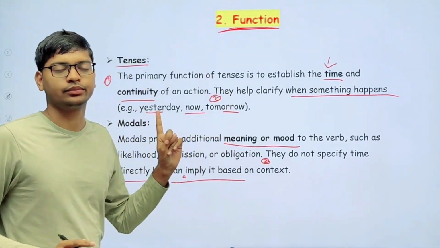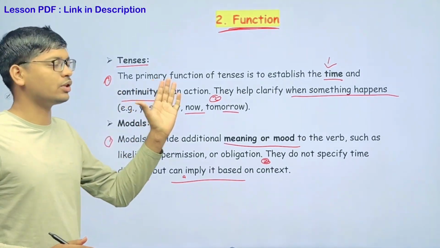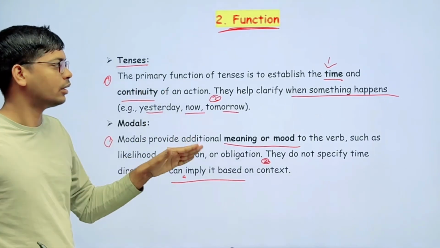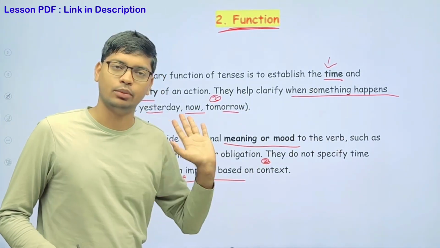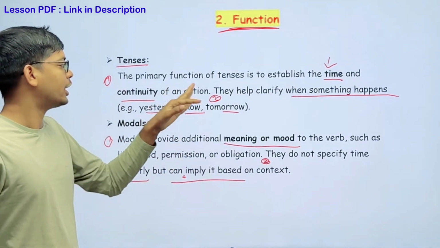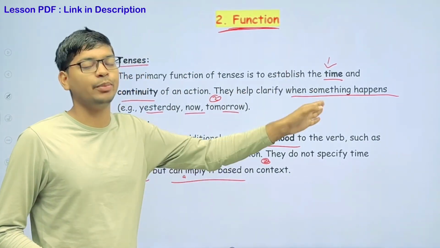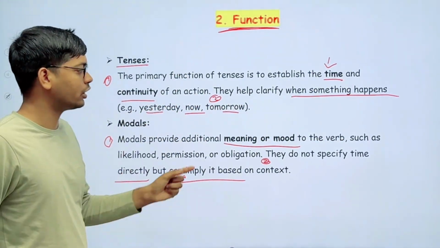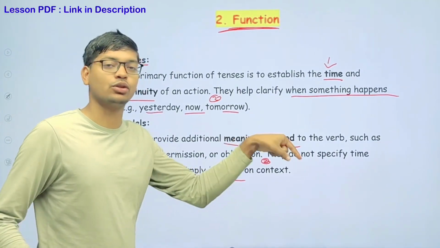If I talk about tenses, the primary function of tenses is to establish the time and continuity of an action, but modals provide additional meaning or mood to the verb. Next point: tenses help clarify when something happens, but modals do not specify time directly, though they can imply it based on the context.